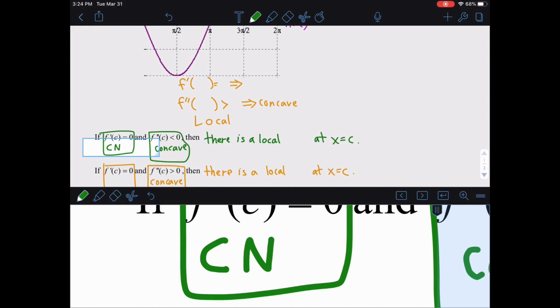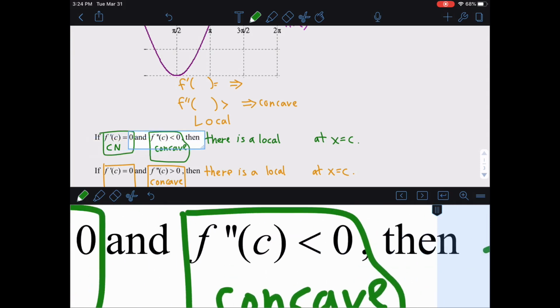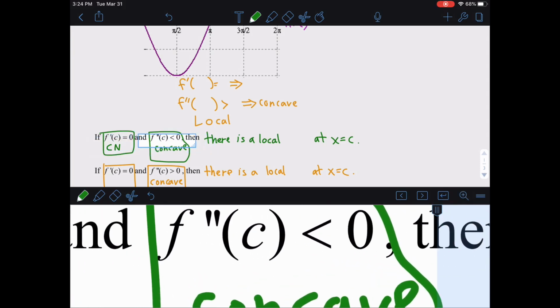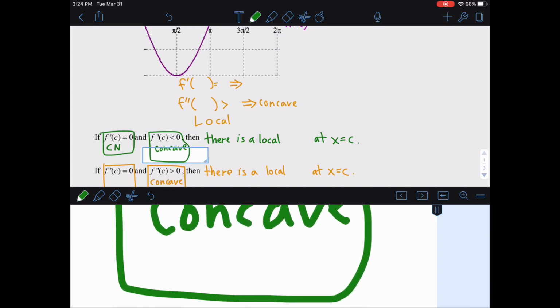So let's say we have a critical number and f double prime of c is less than 0. At my critical number, if the second derivative is less than 0, that means it's concave down at that critical number. Well, I want you to think about what that looks like.